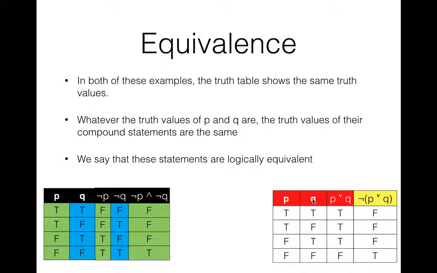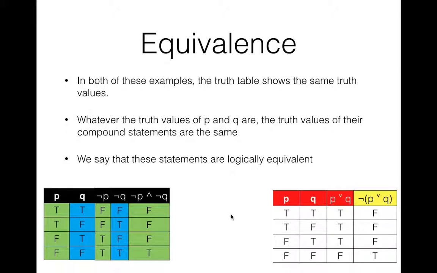We've got P and Q, P or Q, and then not P or Q. Notice they're in the same order, so P goes true, true, false, false, and Q goes true, false, true, false. The same here, true, true, false, false, true, false, true, false. And look at the answers. They're identical. The top three are false and the bottom is true.